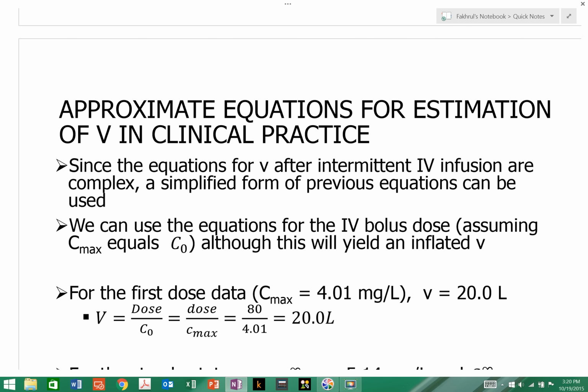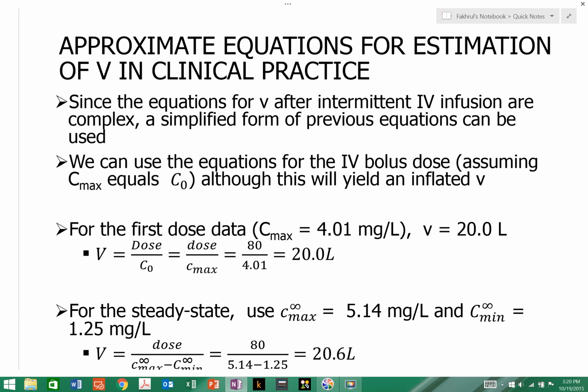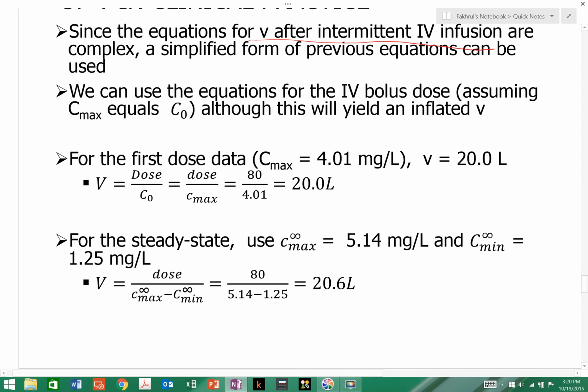And finally, as I have mentioned, an approximate equation for estimation of V in clinical practice. Equations for V after intermittent IV infusion are complex, so a simplified form of the equation is used. For the first dose data, we can use the IV bolus equation, assuming Cmax is equal to C0, although this will give you an inflated V. For first dose we use this, and for steady state we will use this one.